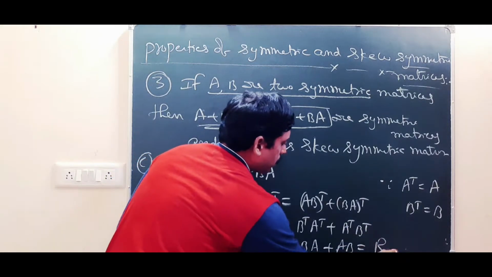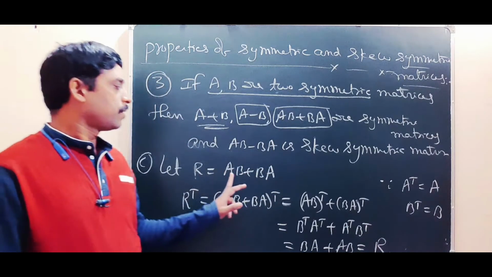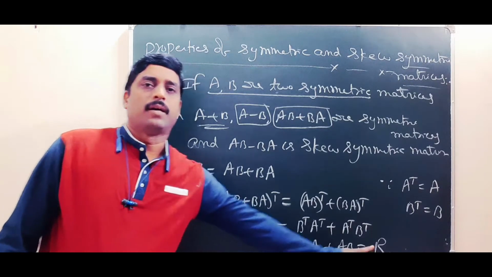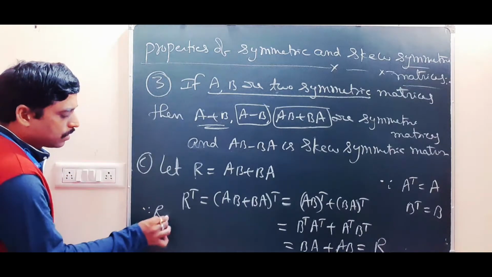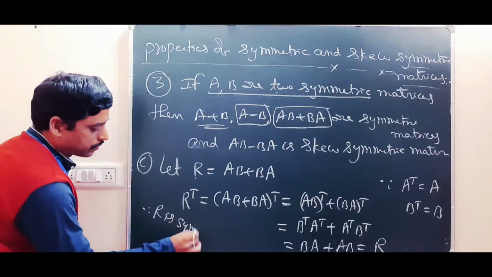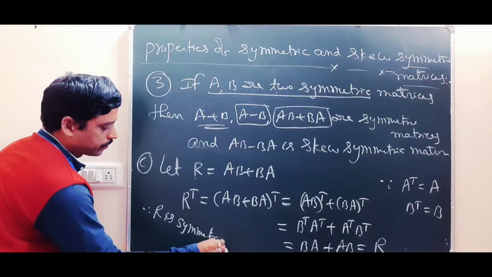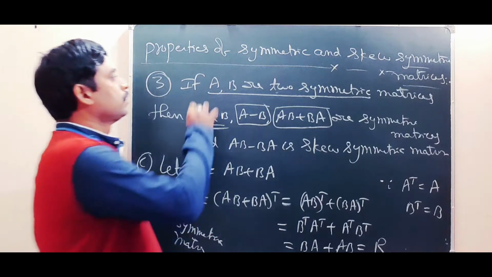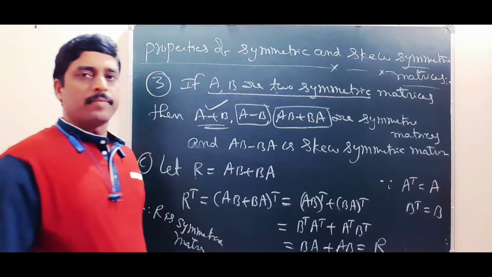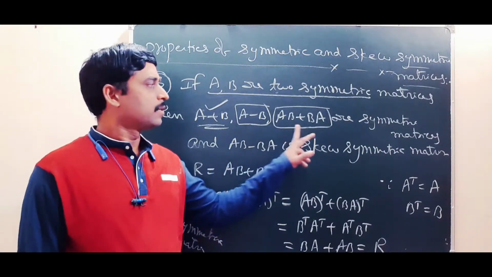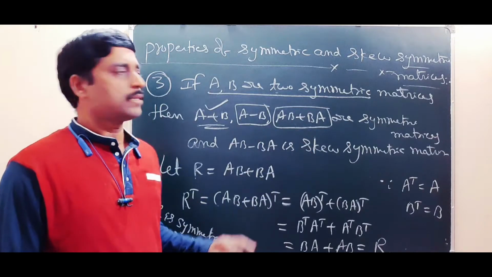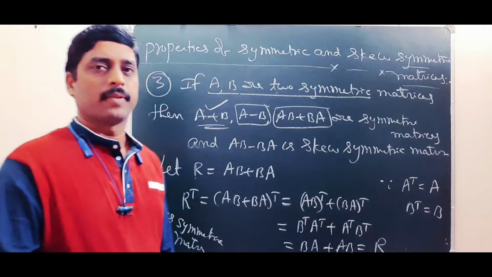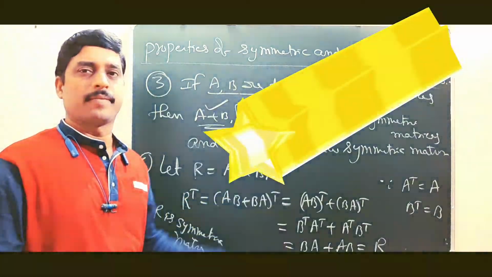This is nothing but R. So transpose of R is also equal to R. Therefore, R is called a symmetric matrix. So A plus B, A minus B, and AB plus BA are symmetric matrices when A and B are symmetric matrices.